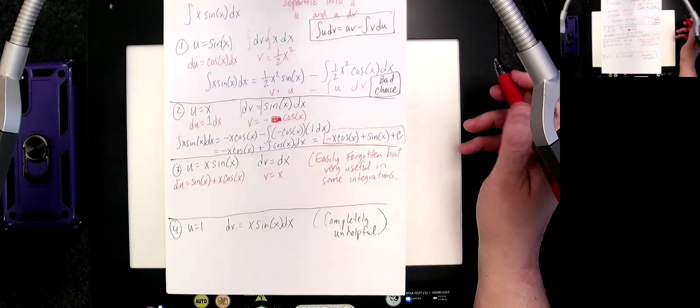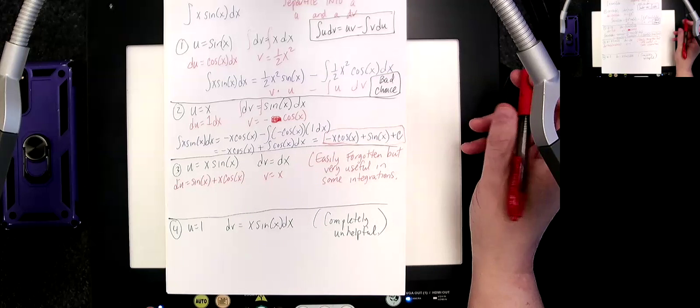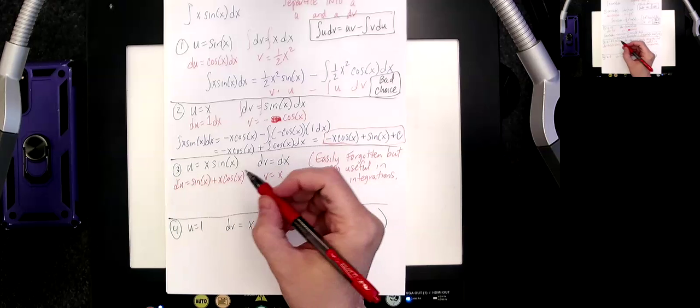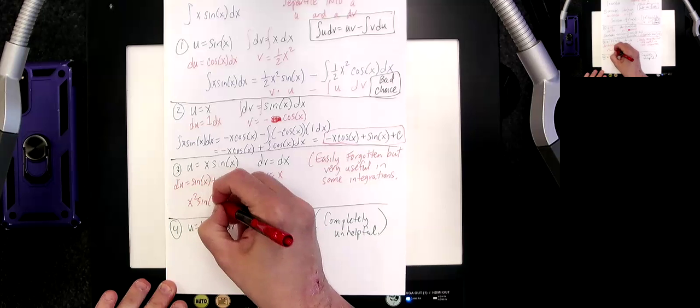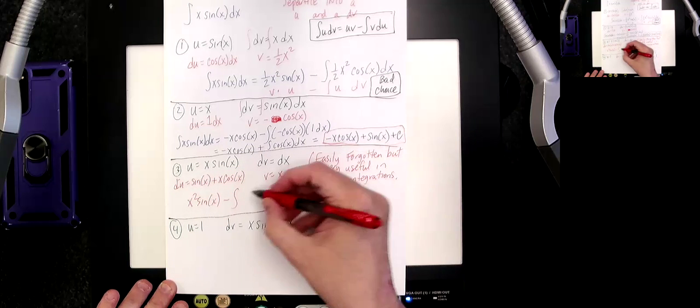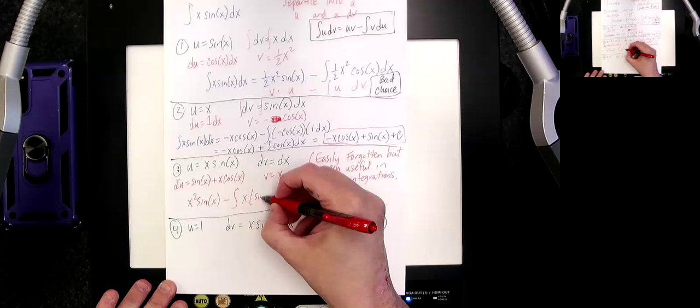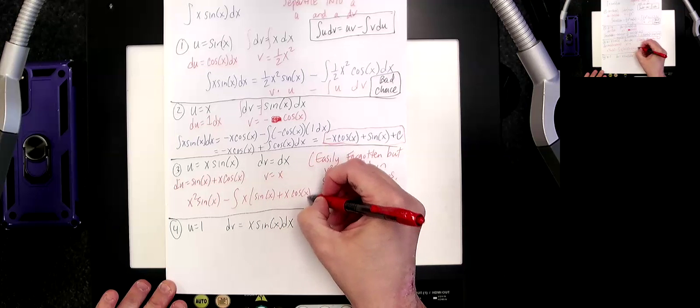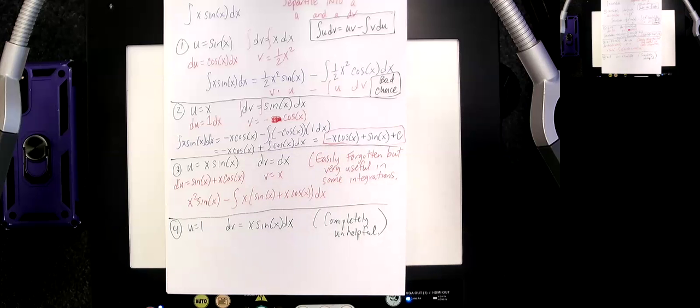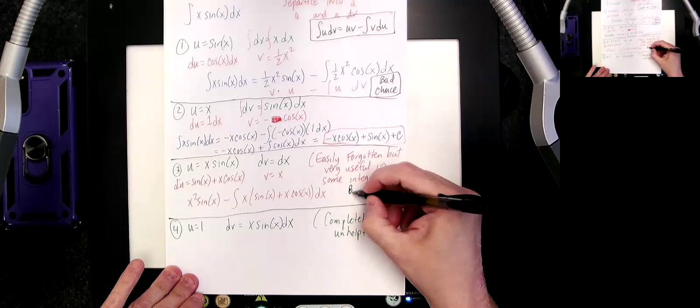So this isn't going to help either. You'll see when we got uv, it's fairly simple. But it's that minus the integral of v du that just got worse. So this is a bad choice.